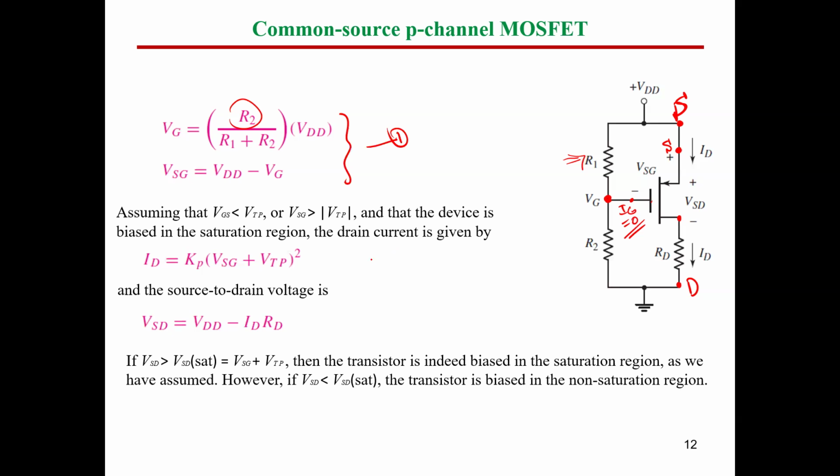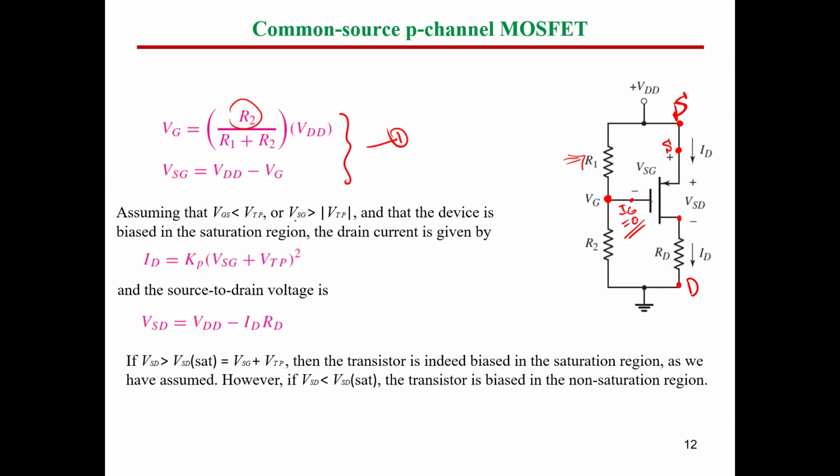So the step here says, assuming that VGS is less than VTP, or if you neglect the sign, or take the absolute value of the VTP, it's going to be positive. So we can say VSG is greater than VTP.